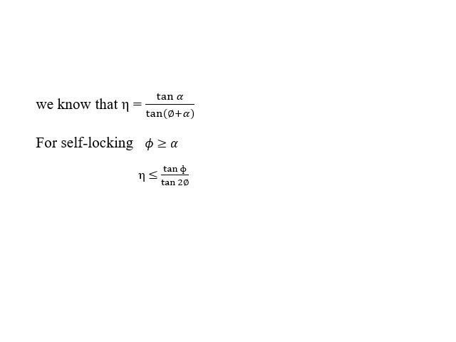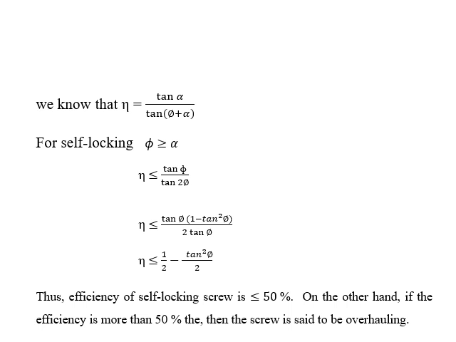If that is the case, efficiency is less than or equal to tan φ divided by tan 2φ. Suppose φ is equal to α, then efficiency is equal to tan φ into (1 − tan² φ) divided by 2 tan φ. Or you can rewrite this equation: η is less than or equal to 1/2 − tan² φ/2. Thus, the efficiency of a self-locking screw is less than or equal to 50%.